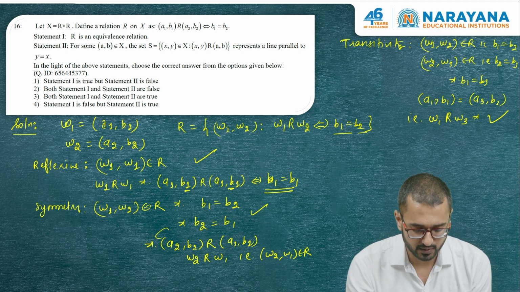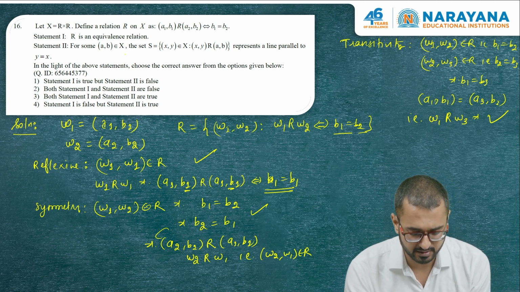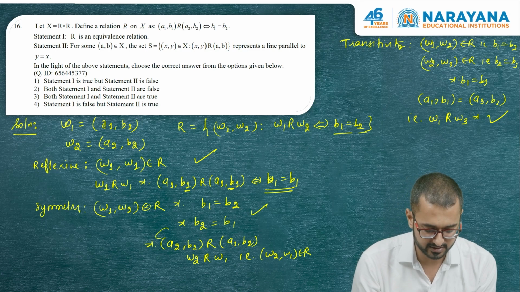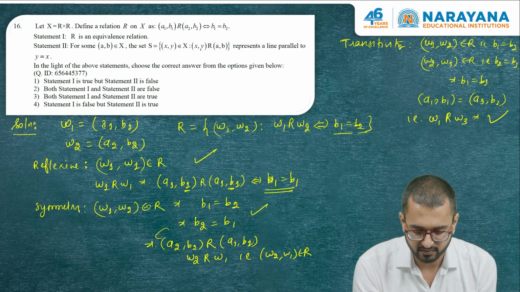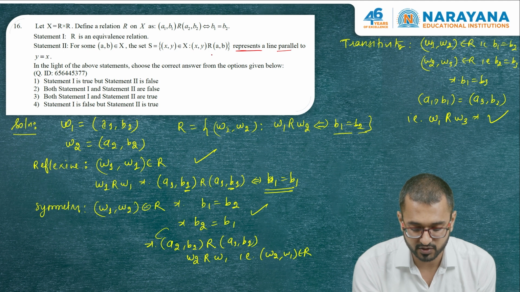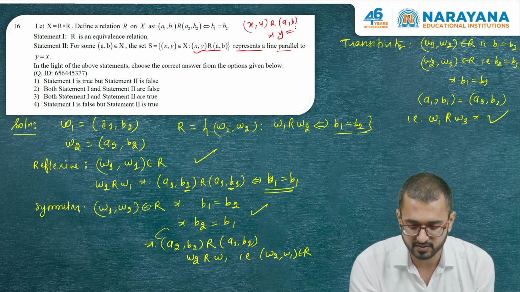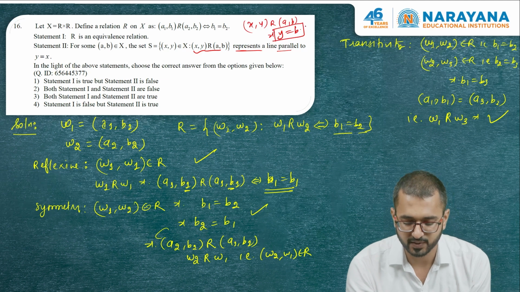And for statement 2, what they have given is, for some A, B belong to X, the set AB represents a parallel line Y is equal to X. If I'm saying it represents a line parallel to Y equals X, but we know that if this is related, defined on X, that means if XY is related to AB, from here I'll be getting Y is equal to B. So Y is equal to B is a constant.